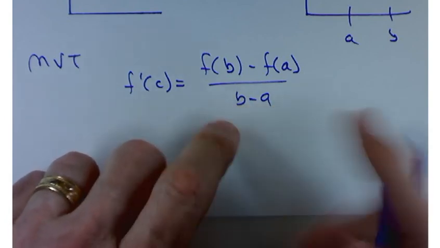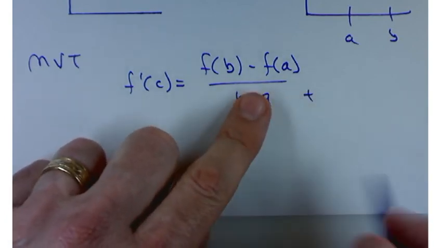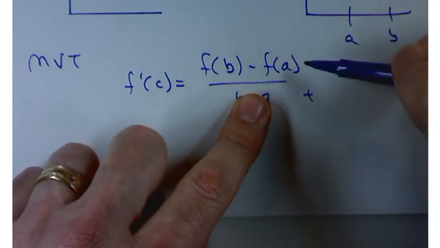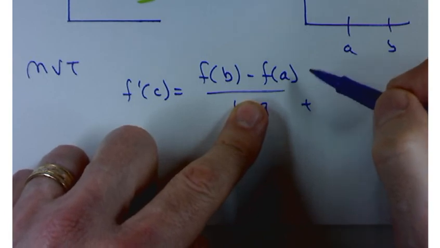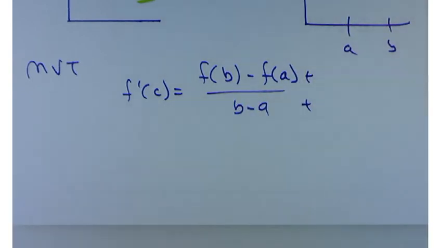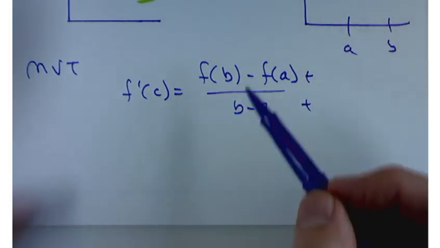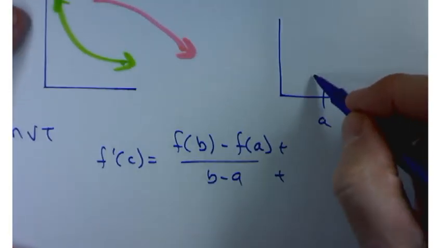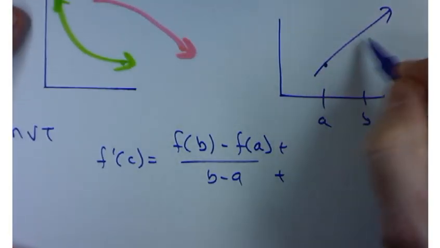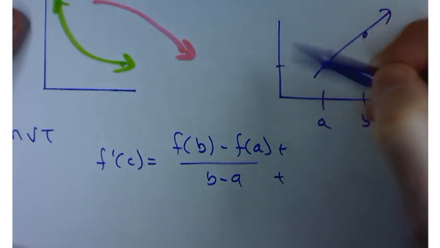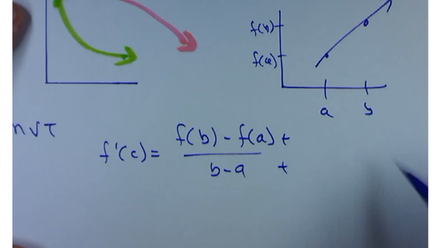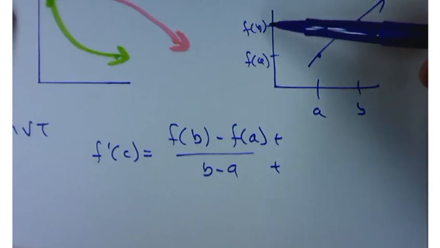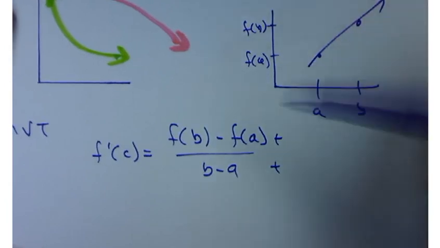So, okay, if this is positive, then one of two things is happening with your continuous functions. If it's an increasing function, then this would be positive, right? Increasing function means as I move to the right that my function is getting taller, so that on the y-axis, f of a and f of b stack up like this. And when I subtract them, the larger minus the smaller is going to be positive.